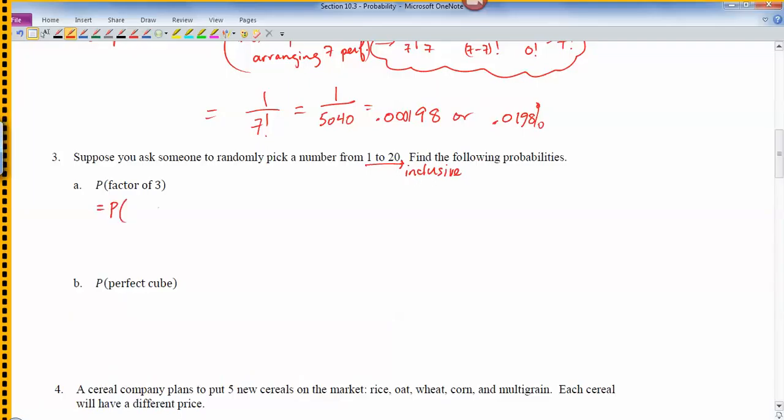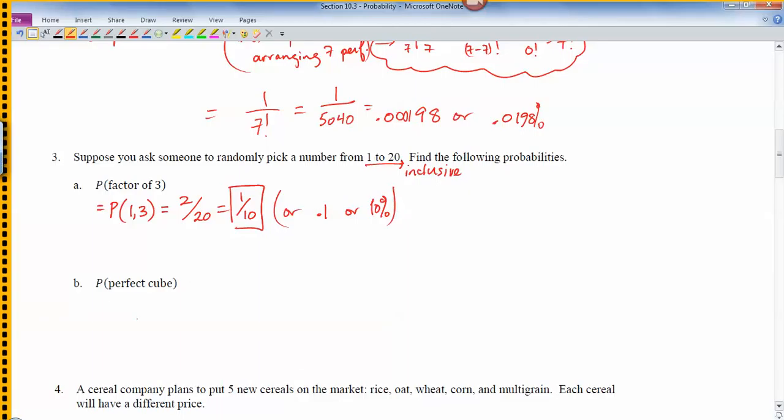Well, the factors of 3 are 1 or 3, those are the only ones. So there are only 2 options out of 20. So you get a 1 in 10 chance, or you could say 0.1 or 10%.